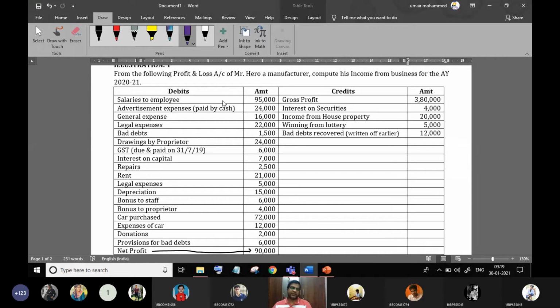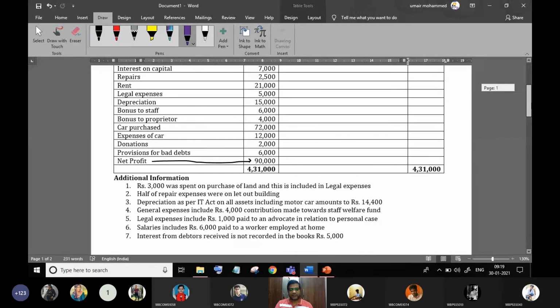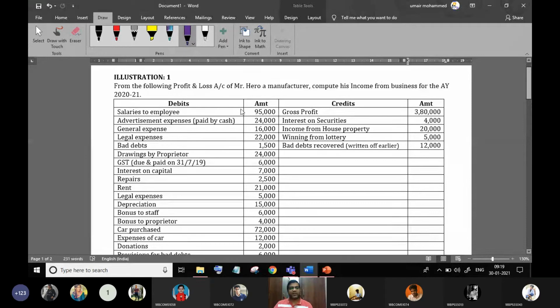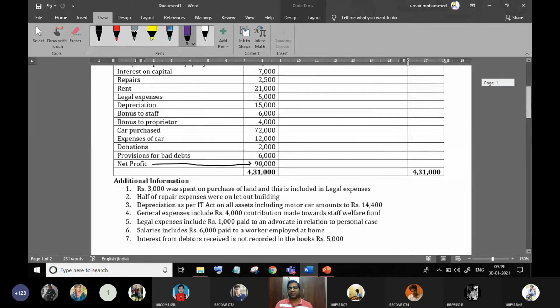So first is salary to employees. So is salary to employees a business related expense? The answer is yes. It is a business expense. Employees are part of business. Without employees, how can you do business? So this is a business expense, but always also cross check if there is any adjustment.